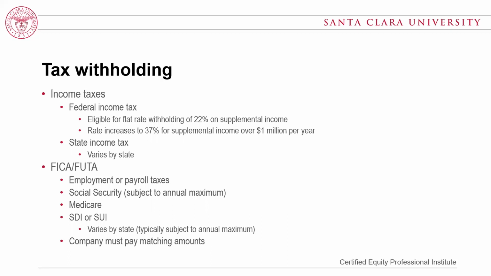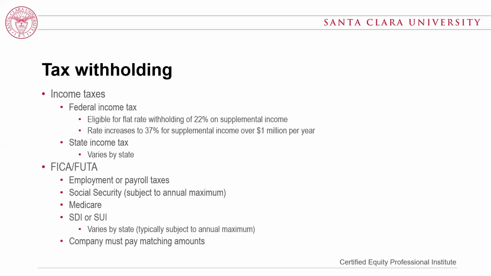Companies can either withhold at those specific rates depending on the amount of supplemental gain, or they can aggregate the gain with the employee's regular salary for the period and withhold at the employee's W-4 rate. And of course, other federal taxes and state income taxes can come into play as well.